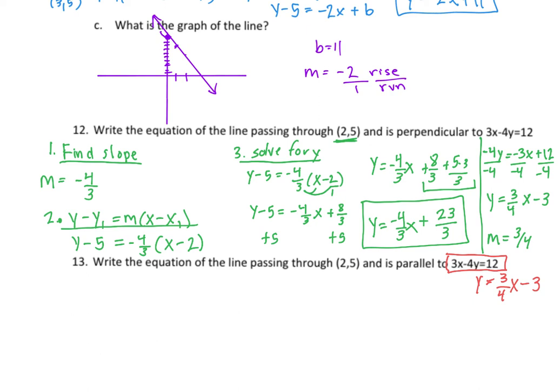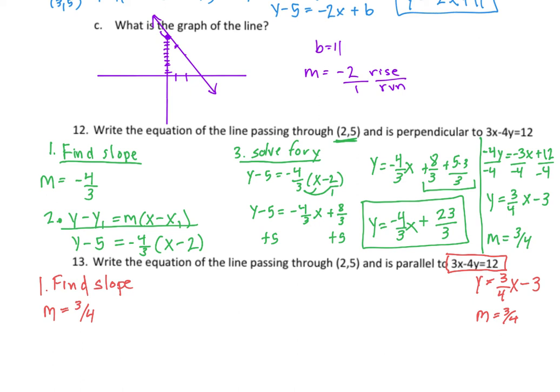So we know that the slope of the line parallel to our line is 3/4. So the first thing we need to do to find the equation of the line is find the slope. And we know that the parallel line slope is 3/4, and parallel lines have the same slope. So our line also has a slope of 3/4.